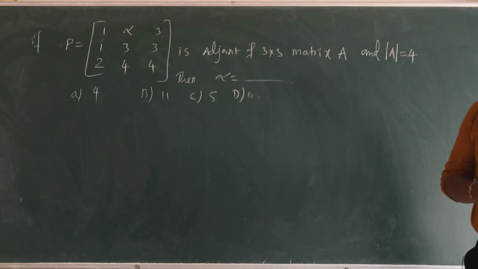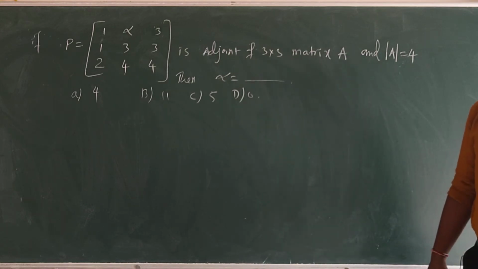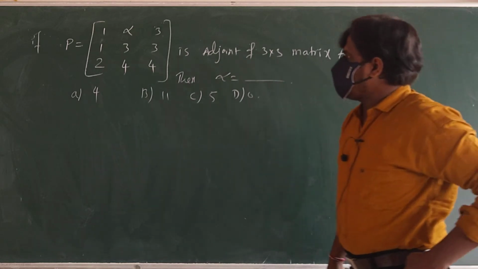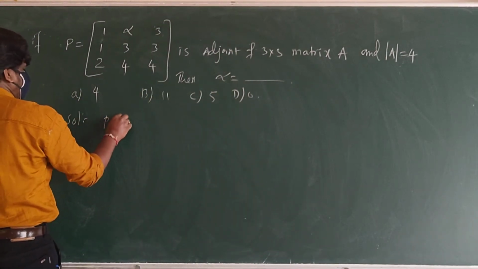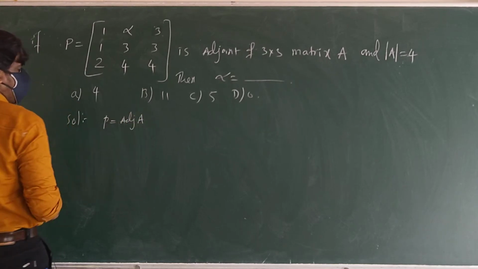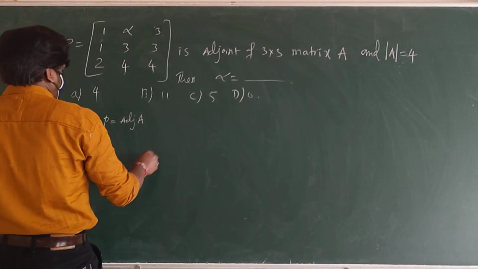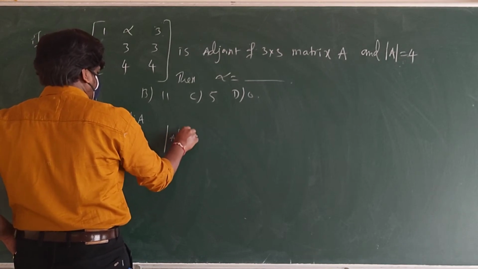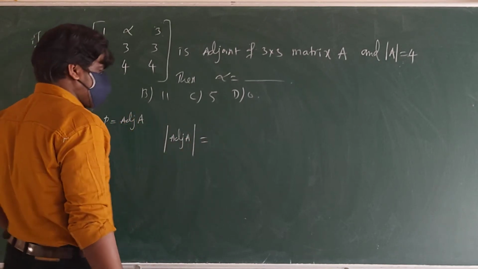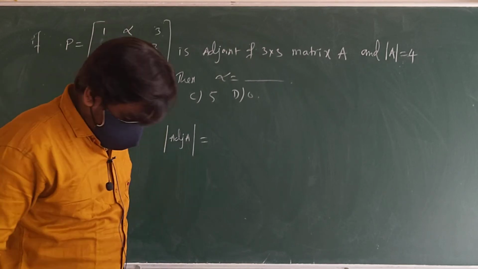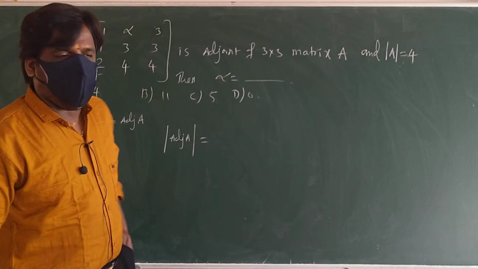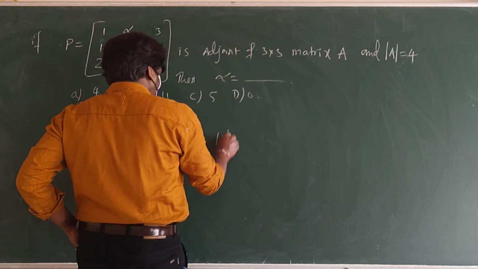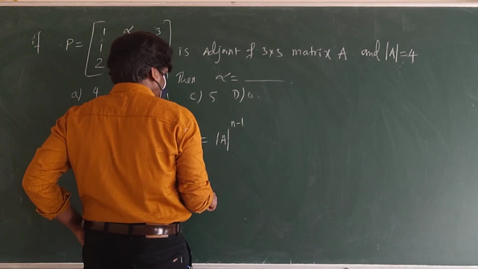Here P is equal to adjoint A. The formula for the determinant of adjoint A, which I also gave with proofs yesterday, is determinant of A raised to n minus 1.